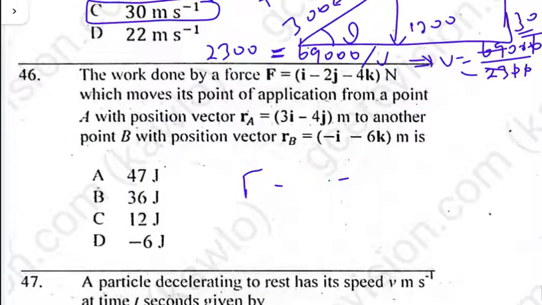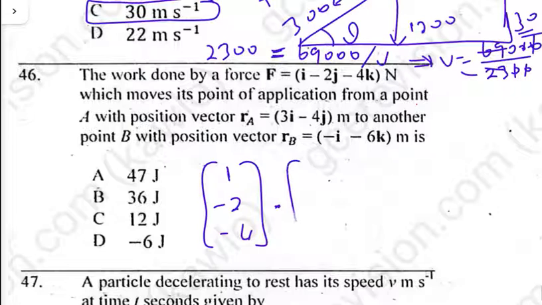But there's another way to also tackle this. Now the work done is equal to force F dot something, right? So work done is F cos that. So 1, negative 2, negative 4, the dot product of work done. Okay, for this one, what's the difference? What's RA minus RB? So 3I minus I is 4. Minus J minus 4J minus nothing is minus 4.